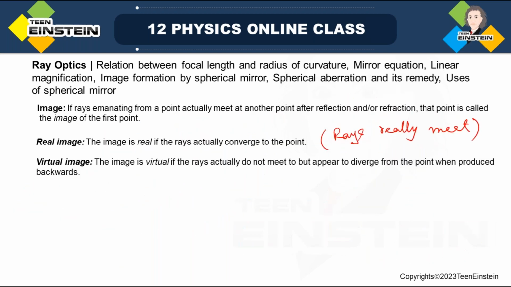So the real image is where the rays after reflection or refraction really meet, and the virtual image is that point or image where the reflected rays really do not meet, but they appear to meet or appear to diverge from that particular point if they are produced in the backward direction.